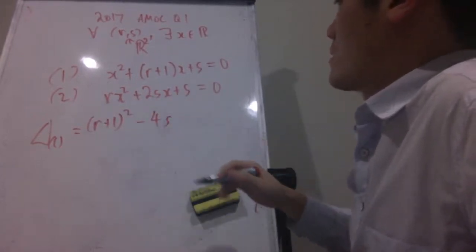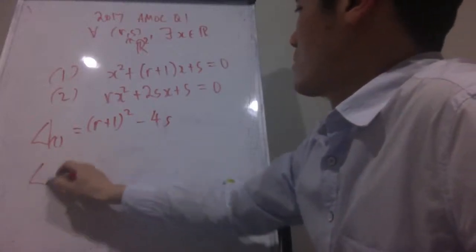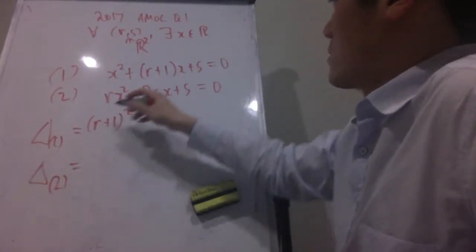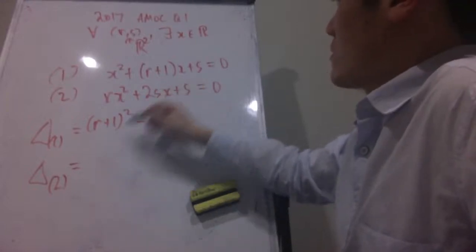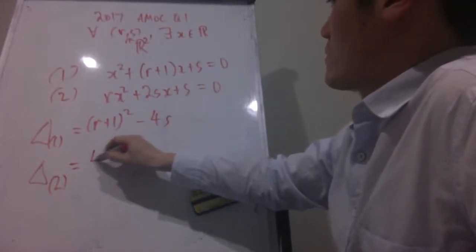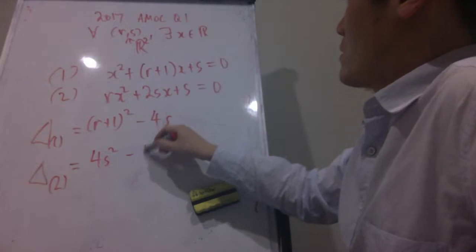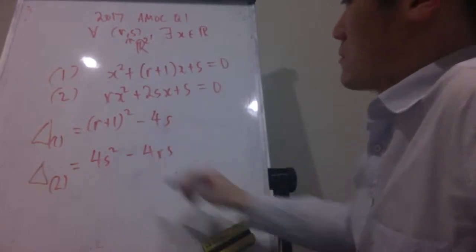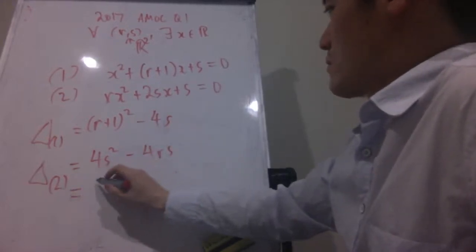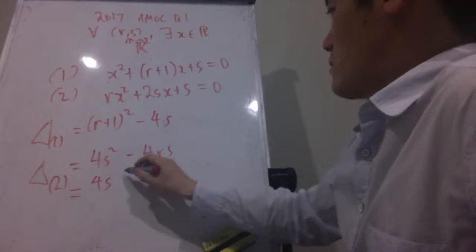Okay. Do we need to do any more of that? And this is 4s squared minus 4rs. Oh, okay. 4s.